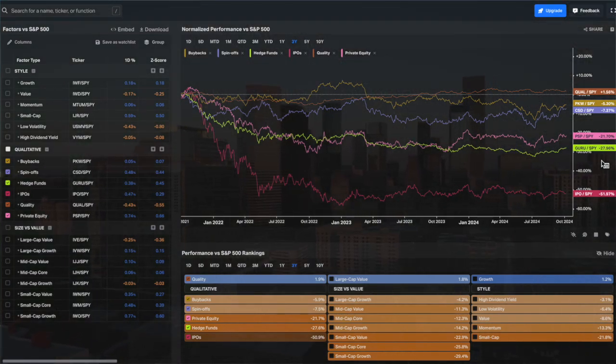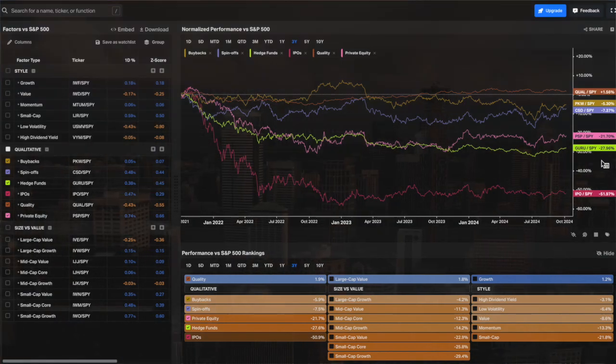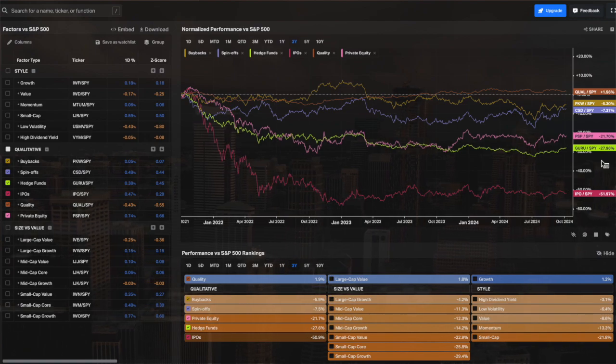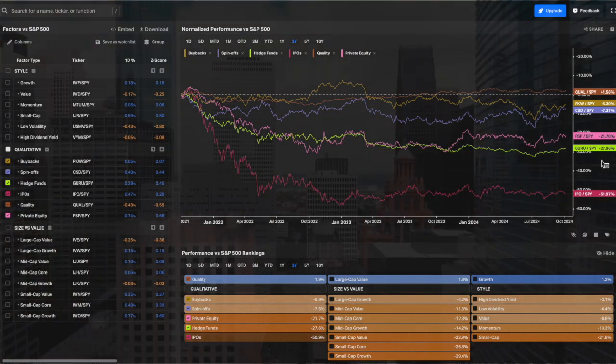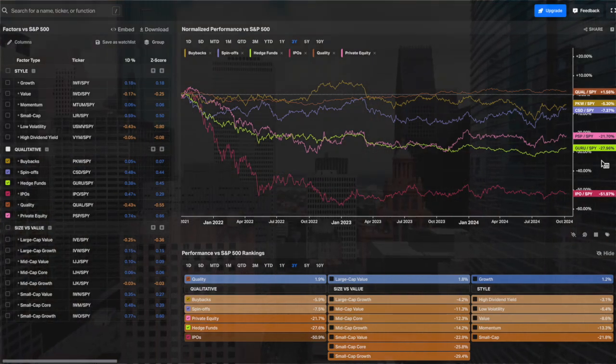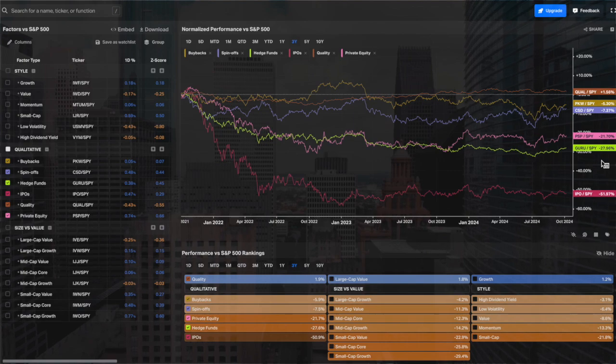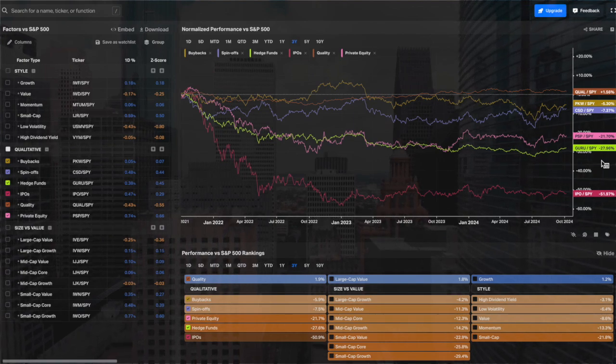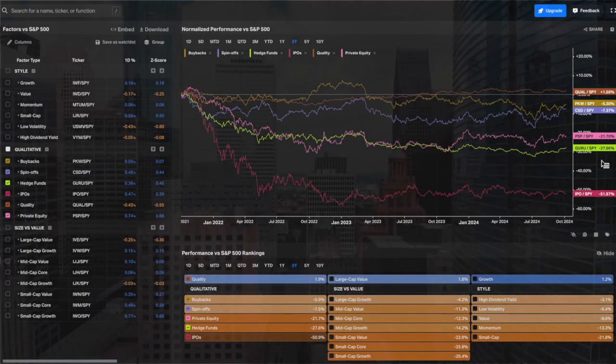It's a minus 5% against the S&P. Then we have spin-offs. So this is when two companies split into two, underperformed as well. The private equity underperformed by 20%, and the guru ETF, so the hedge funds, underperformed by 27%. So not so much great gurus actually, after all.